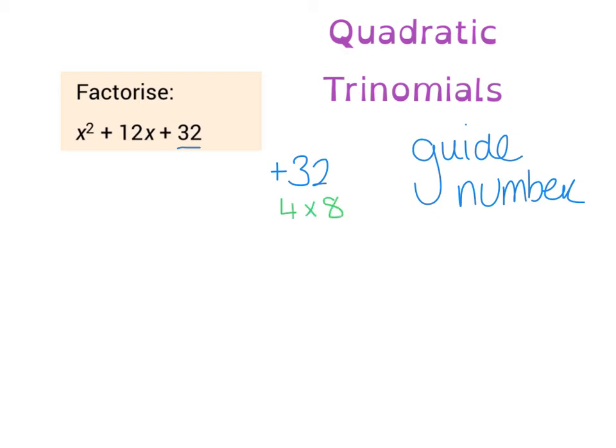And when you add 4 and 8, you get 12. So I rewrite my quadratic, x squared, and instead of putting in 12 this time, I'm expanding it and putting in 4x plus 8x, because that will give me 12. And I keep my original plus 32. So I have simply expanded my original.